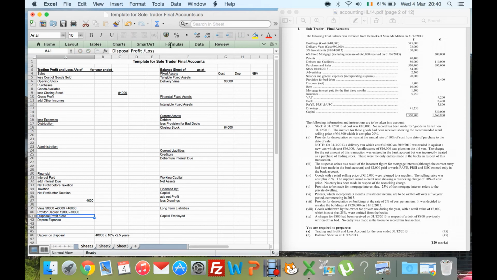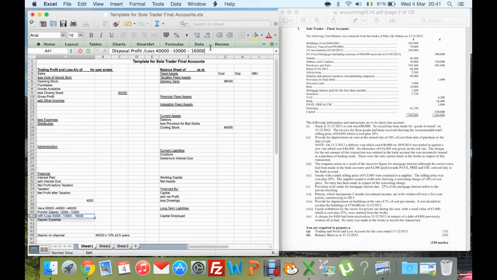And that means when we work out our disposal, the van originally cost us 40 grand, minus the depreciation of 10 grand. And what did we get as a trade-in for it? An allowance of 16 grand was given for the old van. So the van was worth 40 minus 10 is 30 grand.